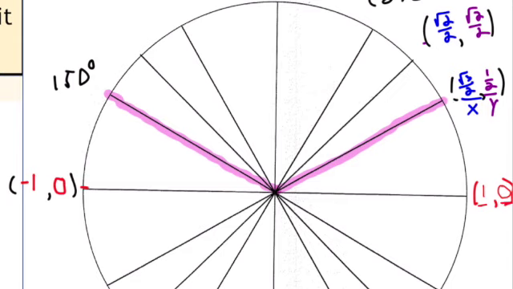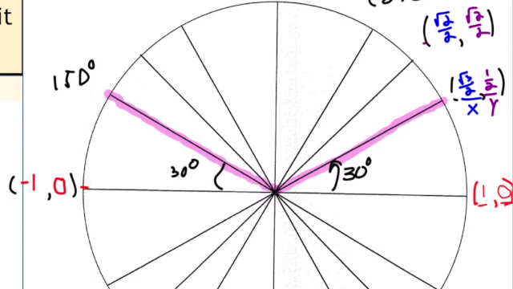Now if you notice, each of these angles are both going to have the exact same reference angle, right? This is 30 degrees, and this angle right here, the reference angle is also going to be 30 degrees. So that's why the values are going to be the exact same, because they are the exact same triangle.